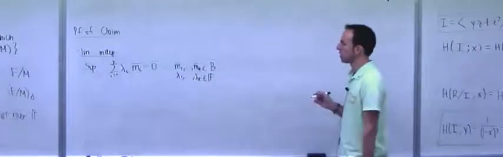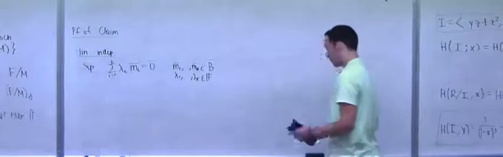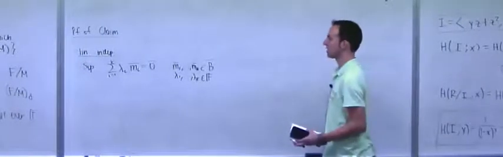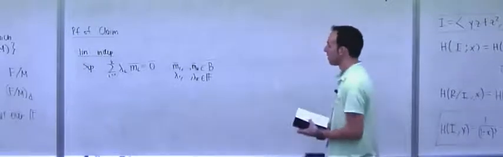So a linear relation between elements of B bar, and these lambdas are field elements. We would like to show that this must be the trivial relation. Okay. So how do we do that?